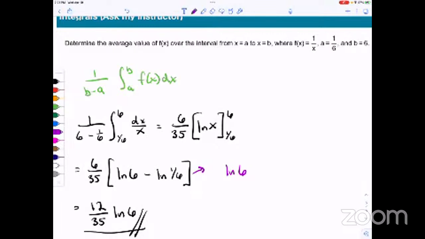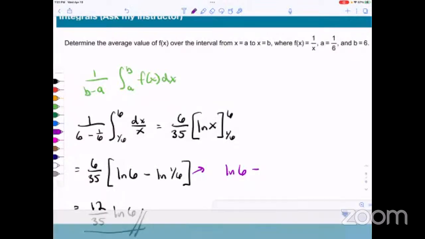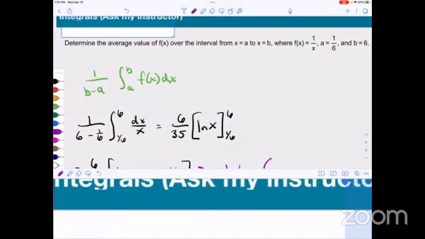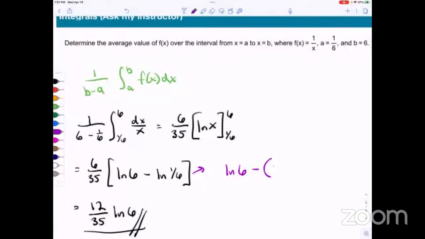So we can break the log of 1/6 up into the log of 1 minus the log of 6. But the log of 1 is 0, so that goes to 0. Double negative becomes positive, so that becomes 2 times the log of 6. So then I said 2 times the 6/35 to get the 12.